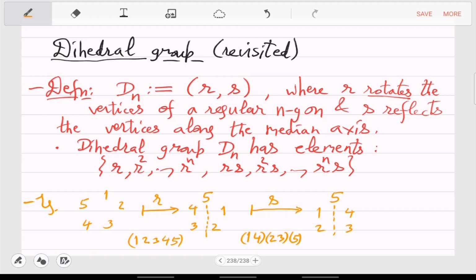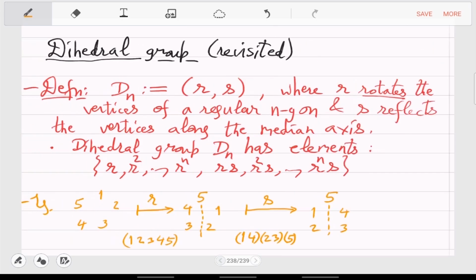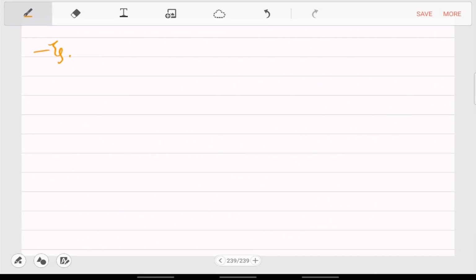Okay, so maybe you can do the coset example here. So what will be the size of D_n slash R? Right, so the group generated by the rotations, what are the cosets?